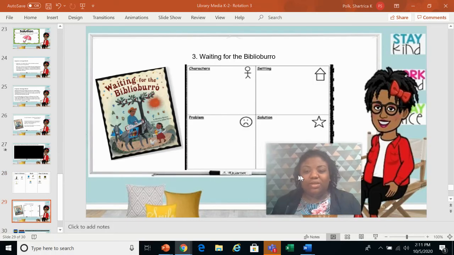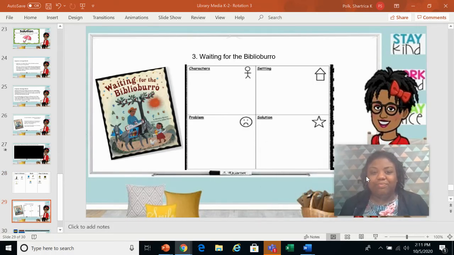Now, for your independent assignment today, you are going to retell the story Waiting for the Biblioburro. You are going to tell me who are the characters, not all the characters, just the main characters of the story. Where's the setting? What is the problem in the story? The conflict? And what is the solution?